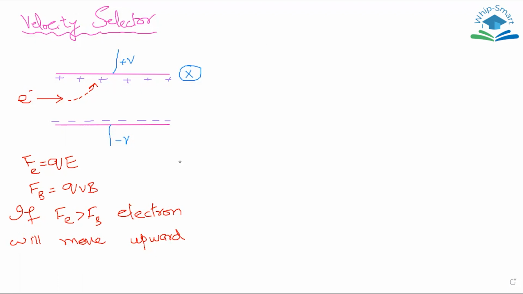In another case, if the magnetic force is greater than the electric force, we use the formula FB is greater than FE, and F equals q into v cross B.